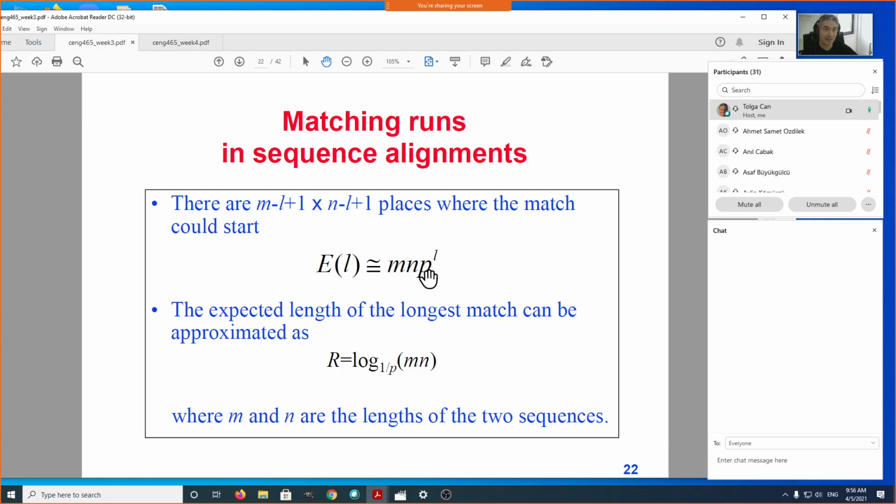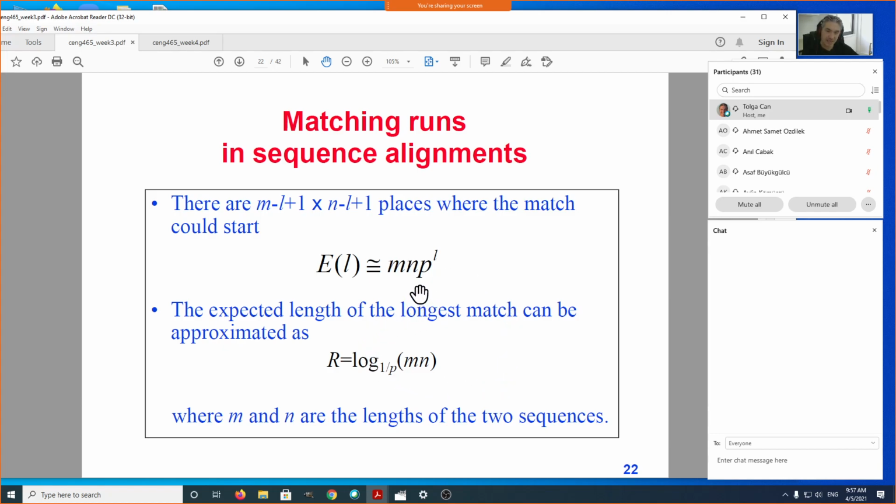Assuming that all the amino acids are equally likely to be observed is a very bad assumption because in nature, some amino acids are really rare and some amino acids are seen a lot. So they are not at equilibrium. Therefore, this assumption of using a constant P doesn't work for protein sequences.